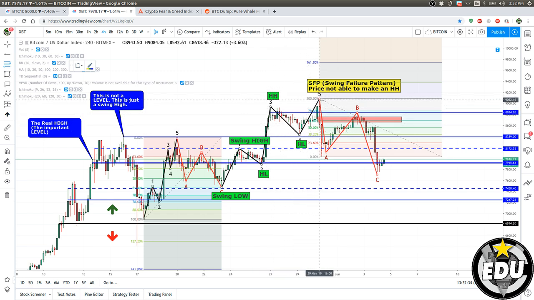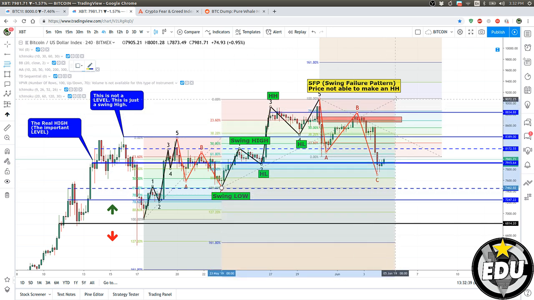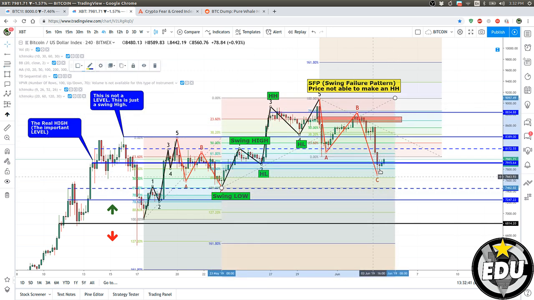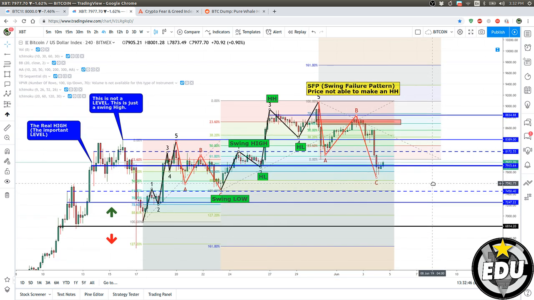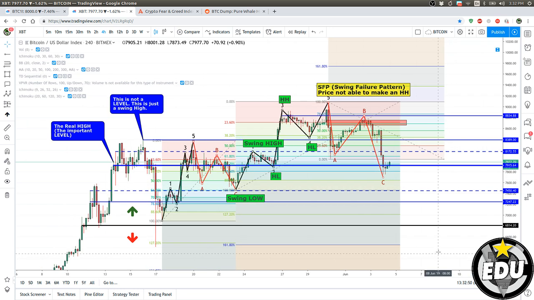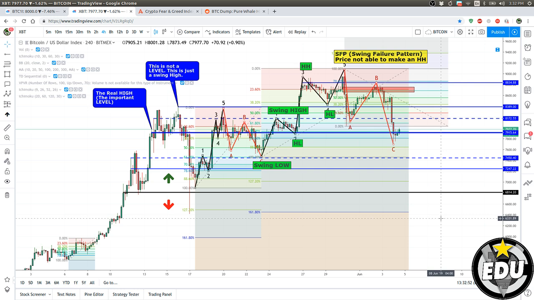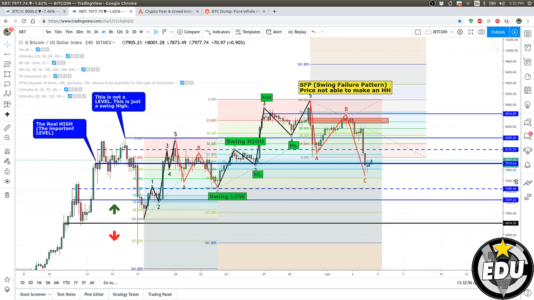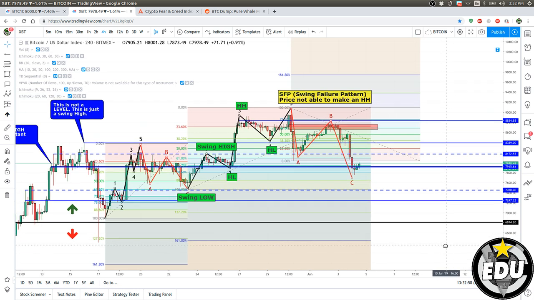The fifth just didn't make a higher high, just made a swing failure pattern. For me, still a wave, and the overall wave retraced 78%. So it's still good for a possible pump, but will we make another one or not?